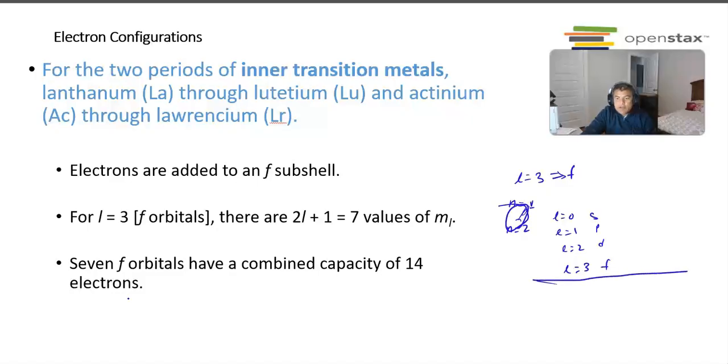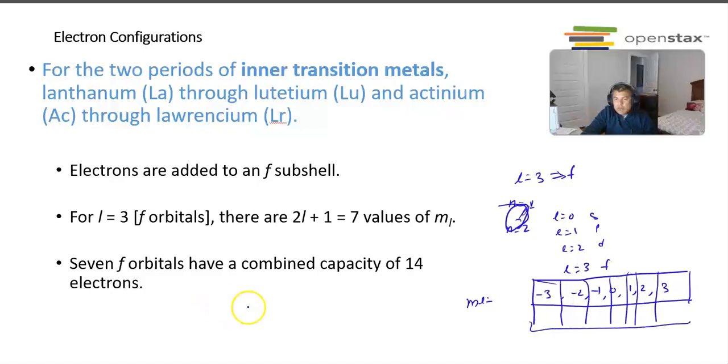If L equals 3, ML will be what? ML will be minus 3, minus 2, minus 1, 0, 1, 2, 3. How many? 1, 2, 3, 4, 5, 6, 7. There are 7 suborbitals for the f orbital, right?